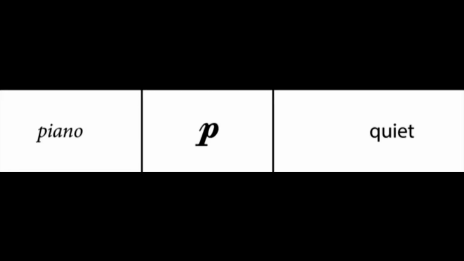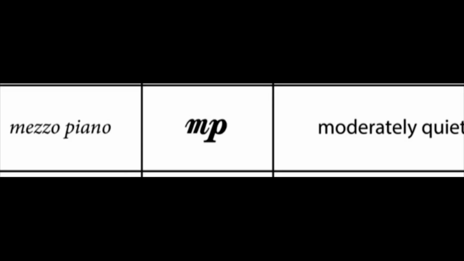Then we have just one P, which is piano, which is just soft. Then we have mezzo piano, which is just a little bit louder. Then we have what we call forte, which is loud.